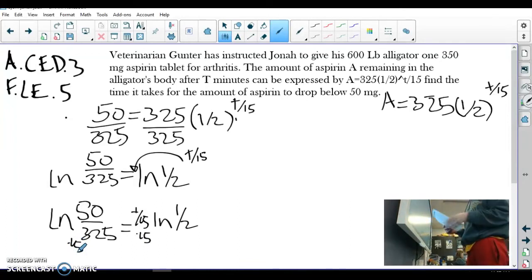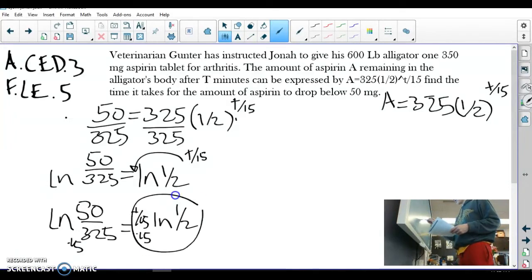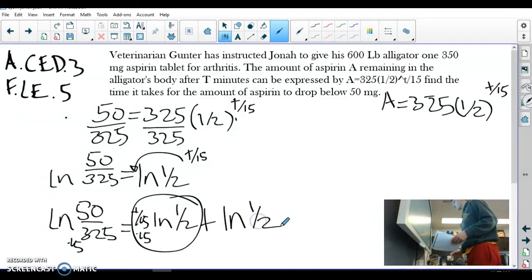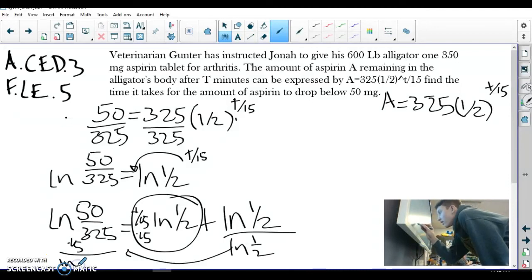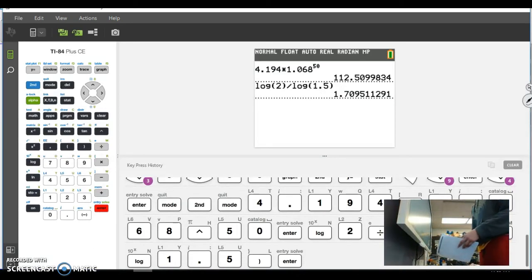Now this over here looks like just T, and then ln 1 half. So now you want to divide by ln of 1 half, doing the same on this side, also dividing by ln of 1 half.